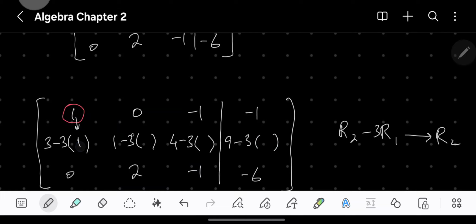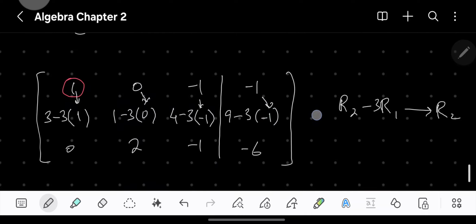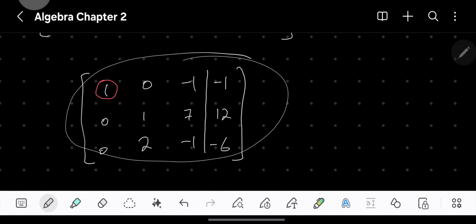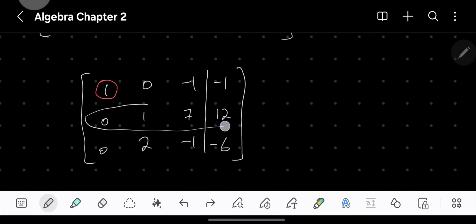R1 here is 1, here R1 is 0, here R1 is minus 1, and here R1 is again minus 1. If I simplify, I will get this matrix. So the second row will be this one.